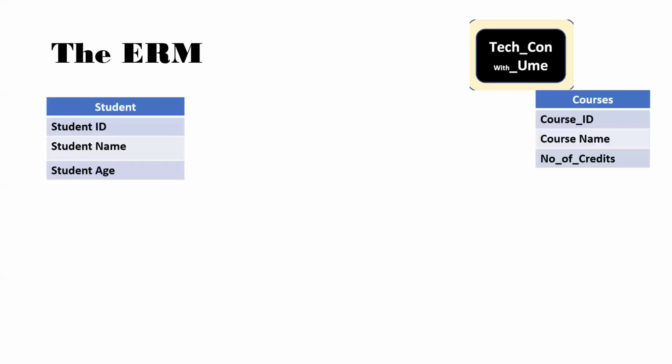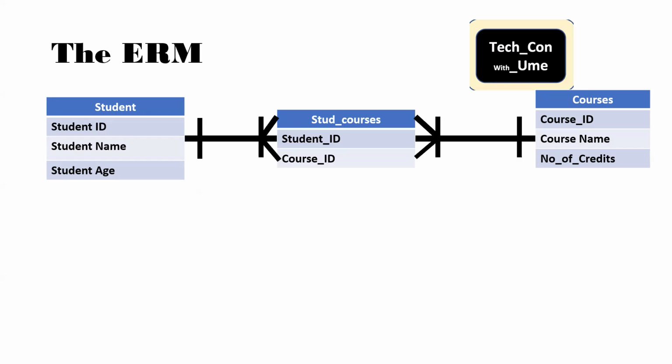We would rather represent our many-to-many relationship in this way. Obviously, we will have our two entities which share a many-to-many relationship. However, we will also have an intersection table. Notably, each of our tables must have a primary key, which uniquely identifies each record in that table.